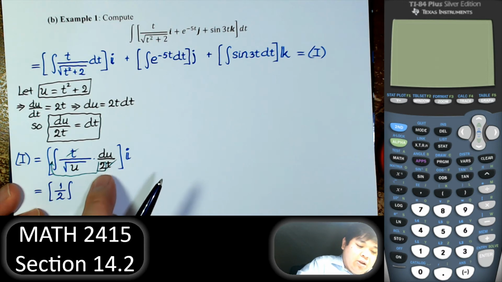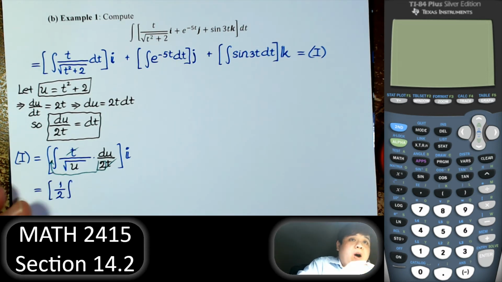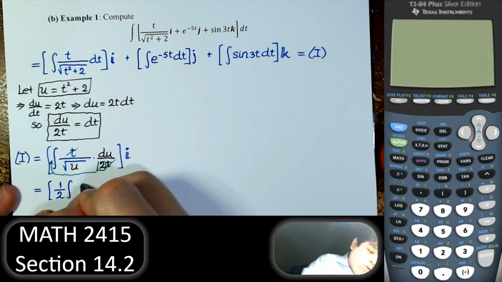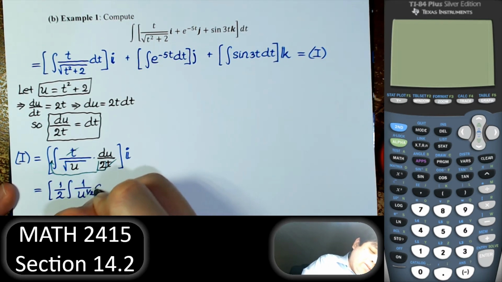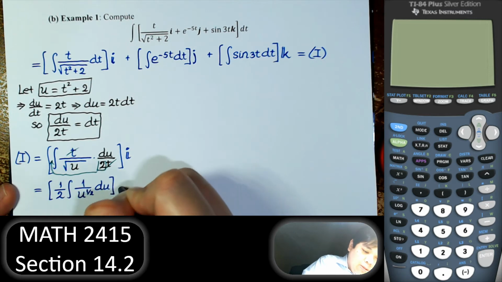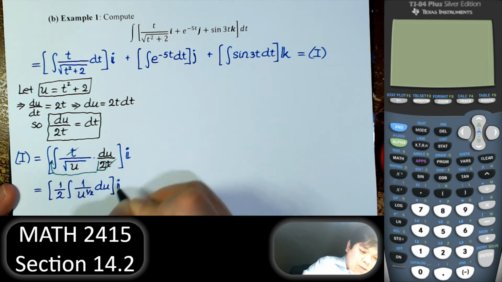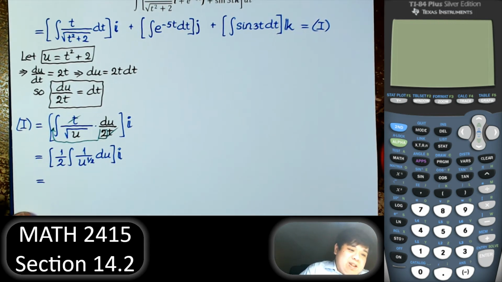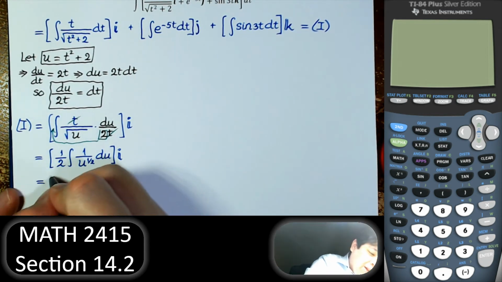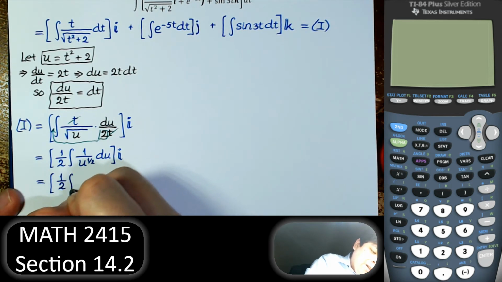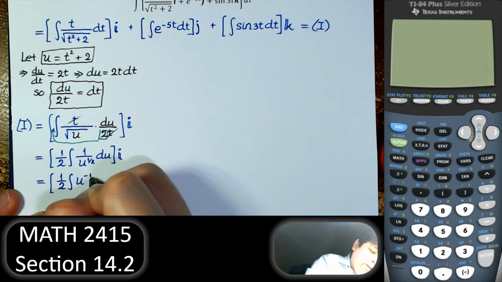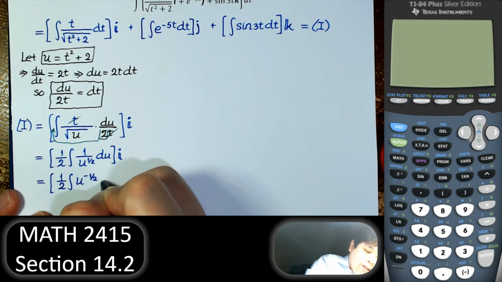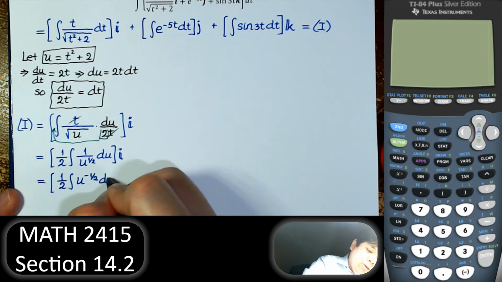T and t cancel out, and 2. Square root of u at the bottom. I just write u to the 1/2. And move to the top. So I just do 1 by 1 because u to the negative 1/2 du.